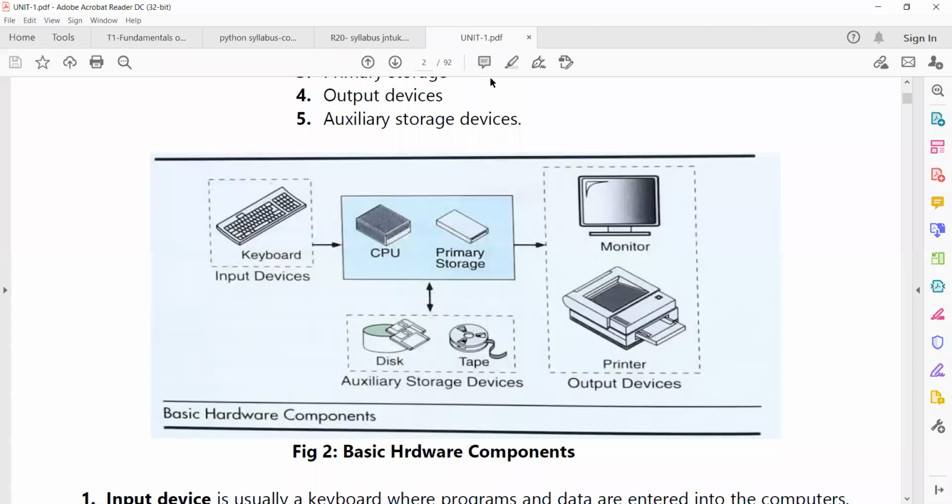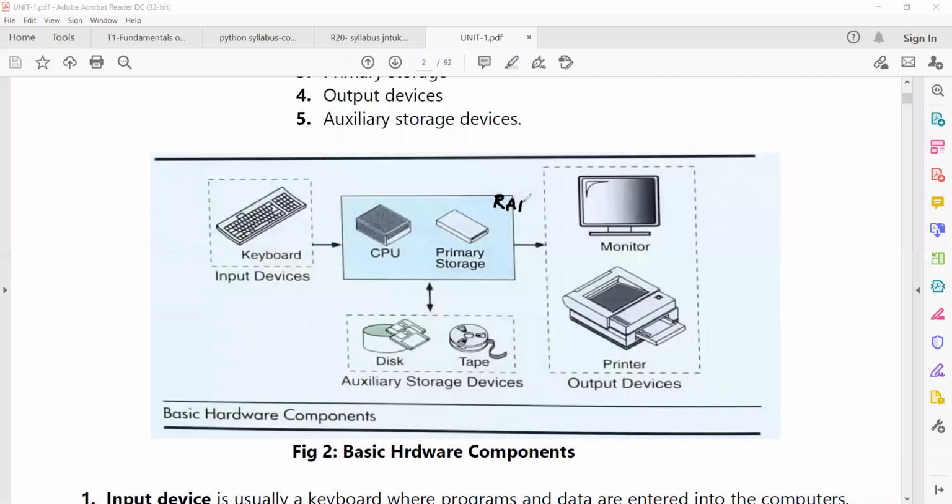RAM is a main memory, and some auxiliary storage devices also exist because primary memory or main memory is a temporary memory. So here the CPU.